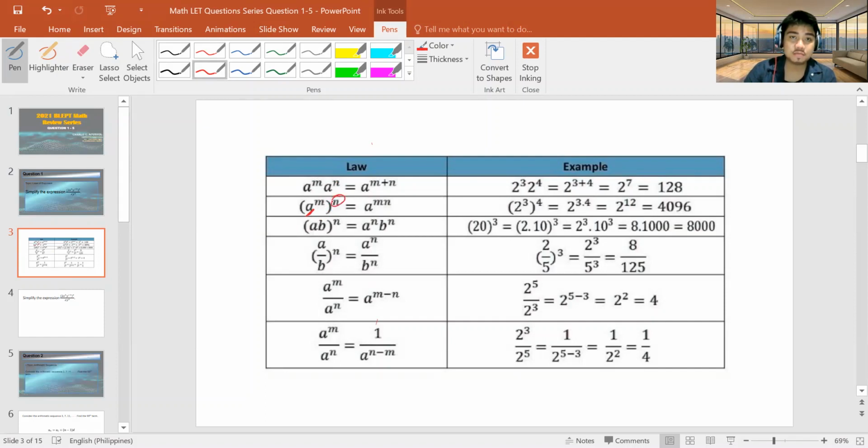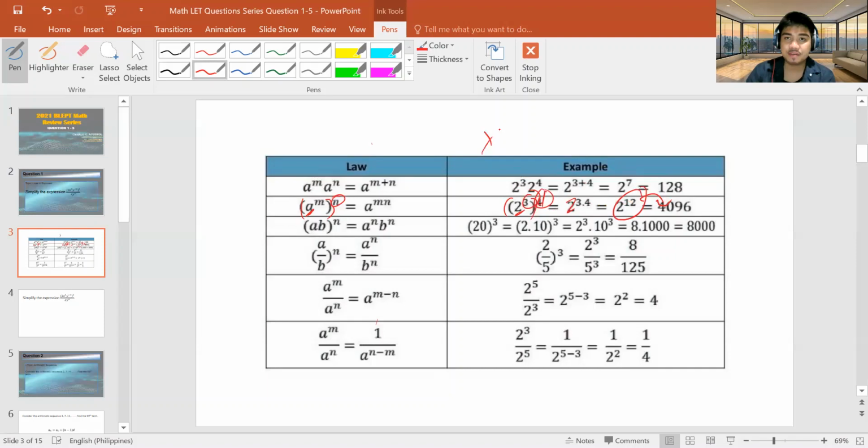So, since naka-exponent ito sa labas ng parenthesis, ang ginagawa natin, we are going to multiply the exponents. So, we have a raised to mn. For example, we have 2 raised to 3, the quantity 4. So, we're going to multiply the 3 and 4. So, we have 2 raised to 12 or we have 4,096.